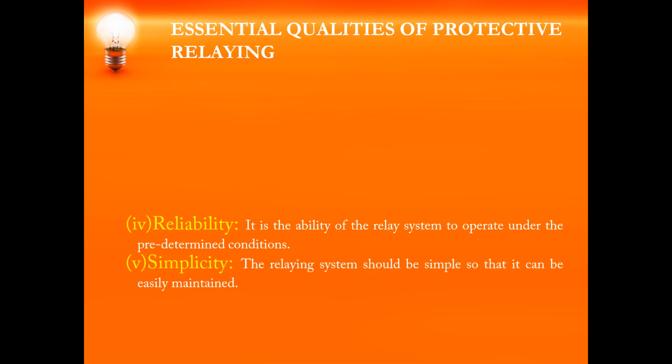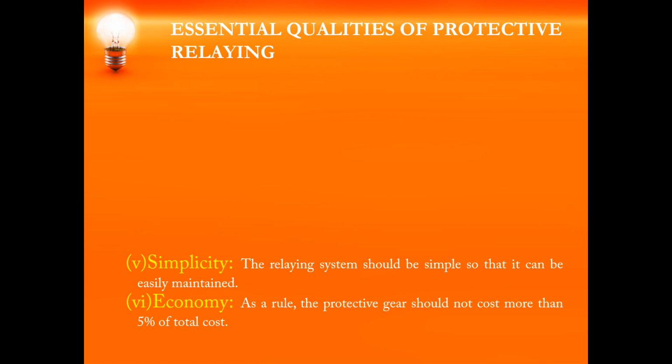Next is simplicity. The design of the protection system should not be very complex. It should be very simple in design. And the last one is economy. Your protection system should not cost more. It should be less than 5% of the total cost of the system. So these are the properties of a protective relay.